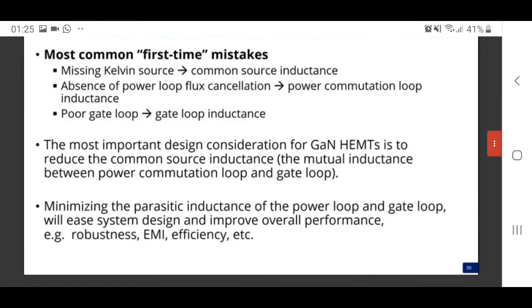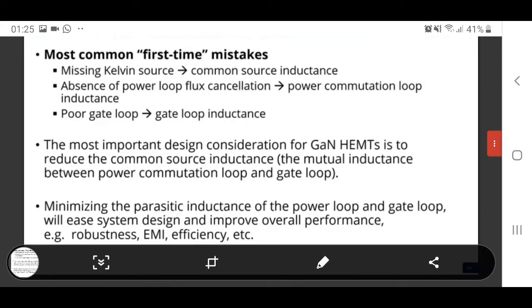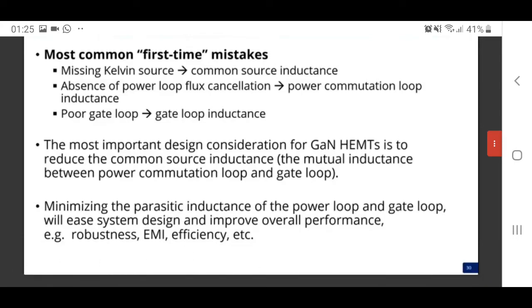Let's look at the summary for the first section. In this section, we reviewed the most common first-time mistakes and verified the effect of parasitic inductance by doing some experiments. The most important design consideration for GaN is to reduce the common source inductance.